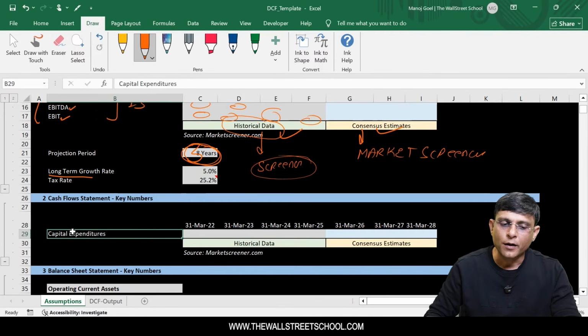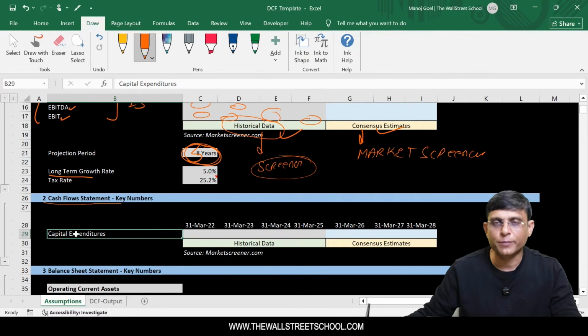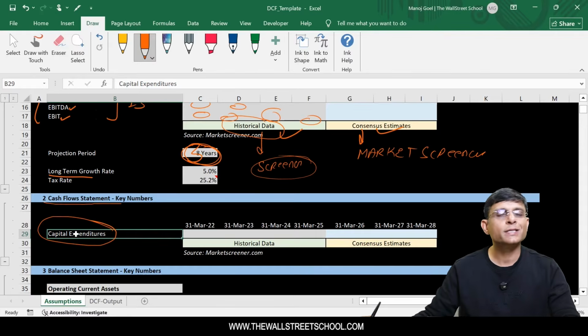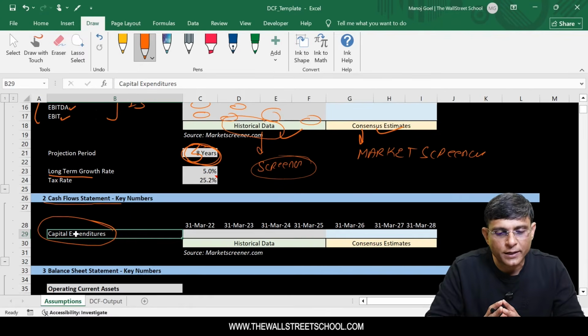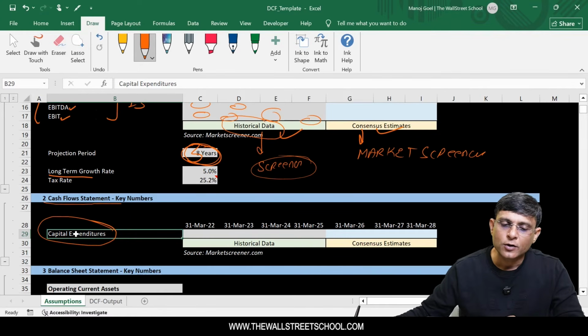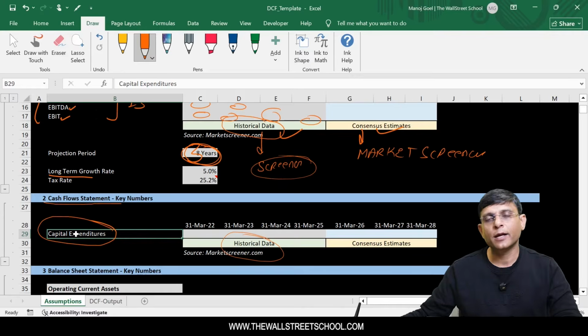Next is the cash flow statement. What key assumptions are required from the cash flow statement? We need capital expenditures. These capital expenditures will come from the cash flow statement under cash from investing activities. Again, this historical data can be directly sourced from Screener, not Market Screener.